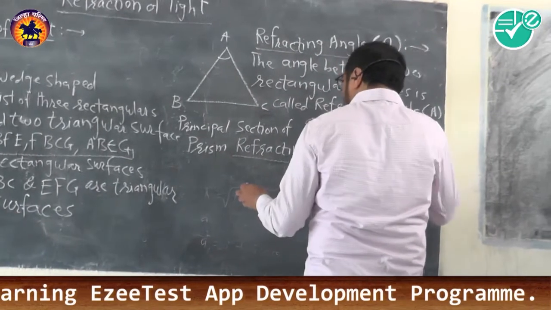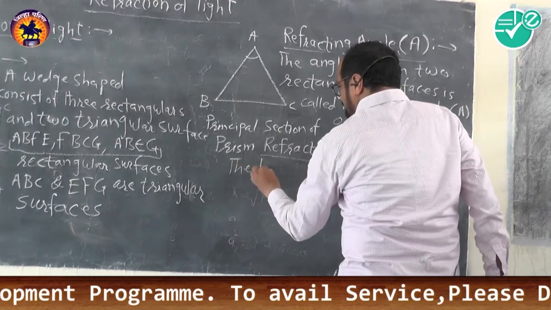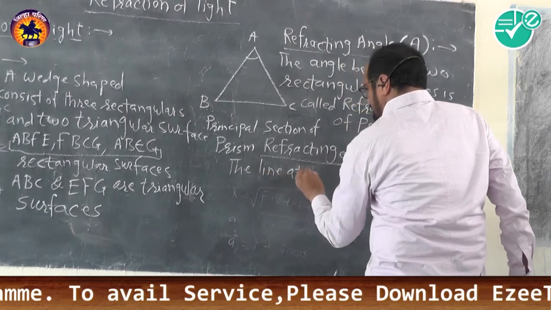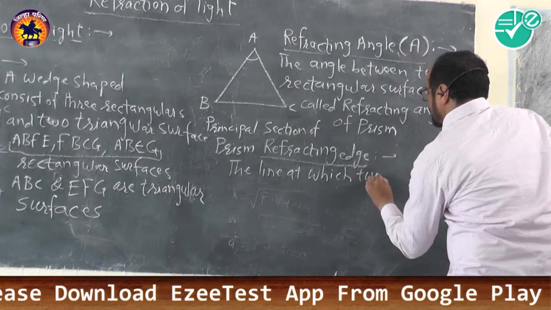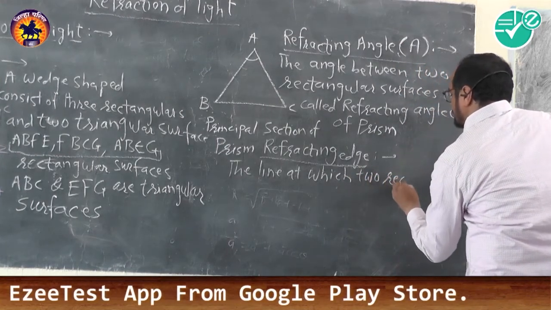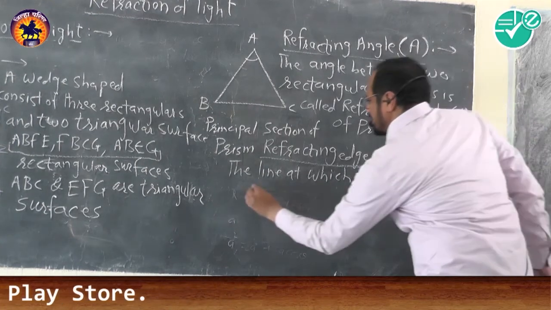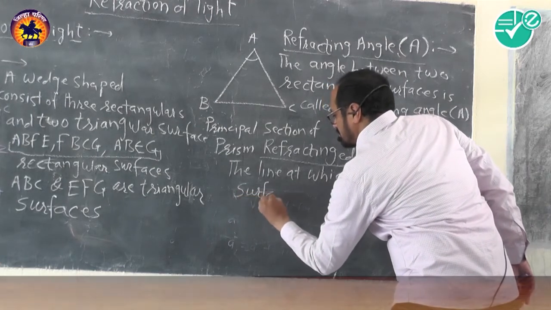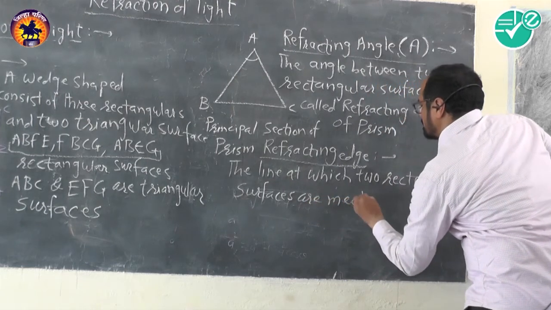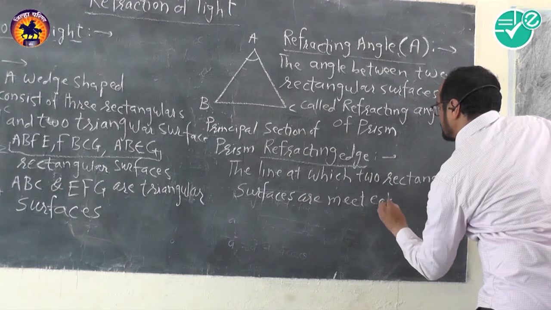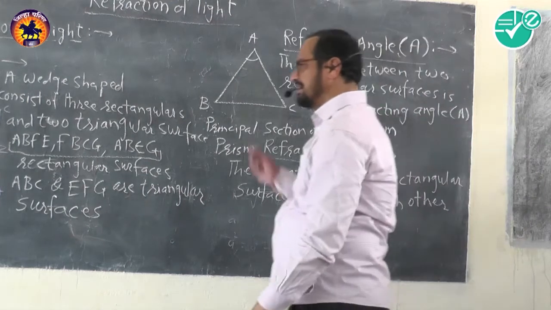So we can write: the line at which two rectangular surfaces meet each other is called the refracting edge.